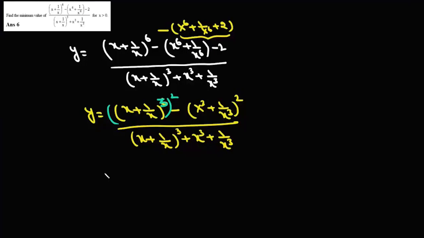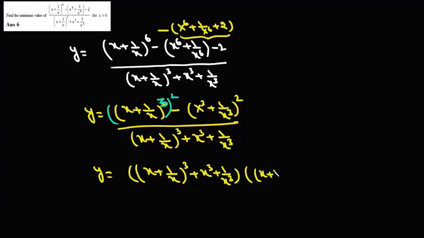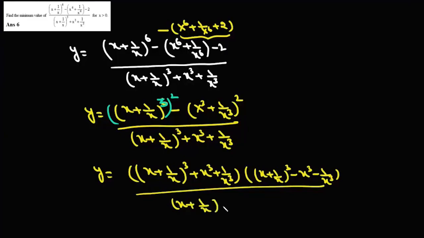So using the formula, we can write this as y equals a plus b, that is (x plus 1 upon x) whole cube plus x cube plus 1 upon x cube, into a minus b, that will be (x plus 1 upon x) whole cube minus x cube minus 1 upon x cube, whole divided by (x plus 1 upon x) whole cube plus x cube plus 1 upon x cube.